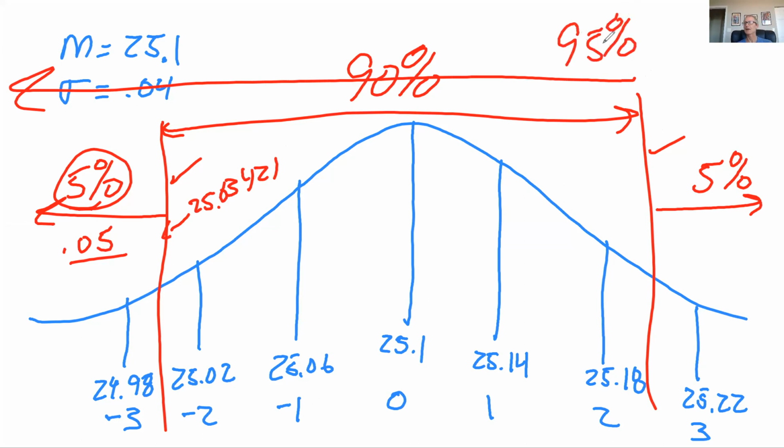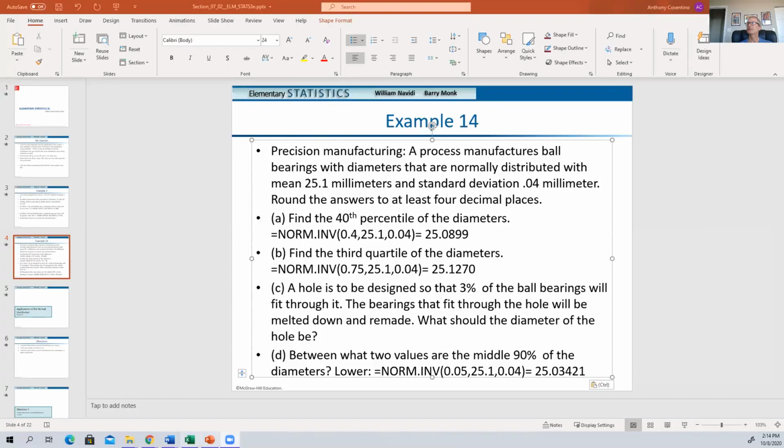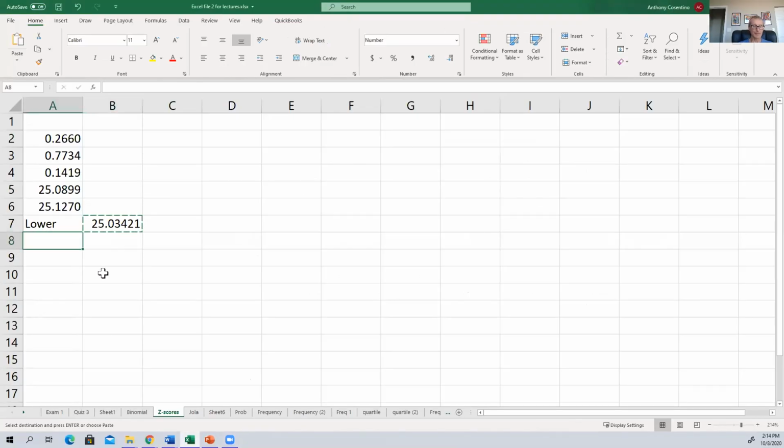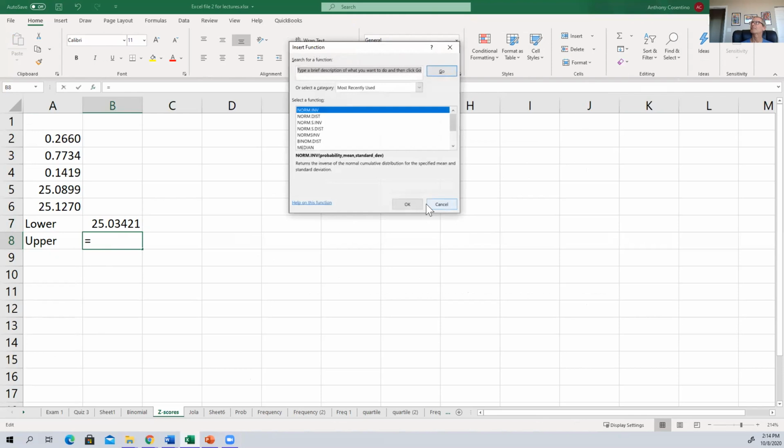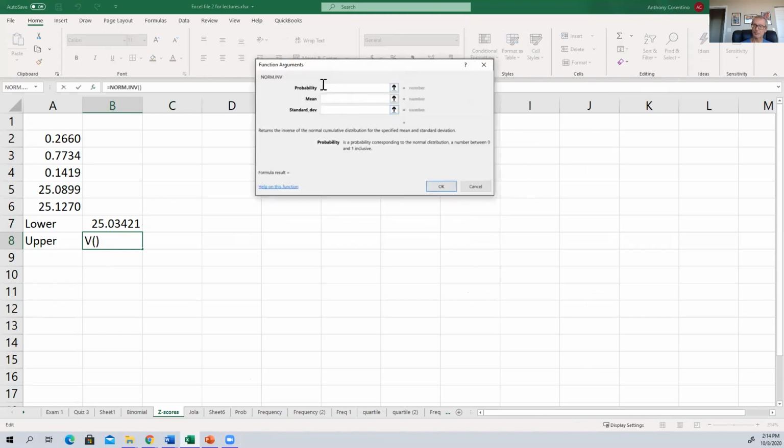And so when you do that calculation, you go back to the spreadsheet and you do the upper point, and that would be more functions, inverse, and that would be 0.95.